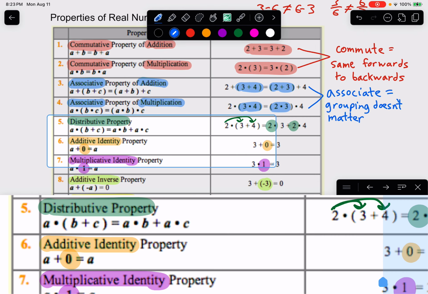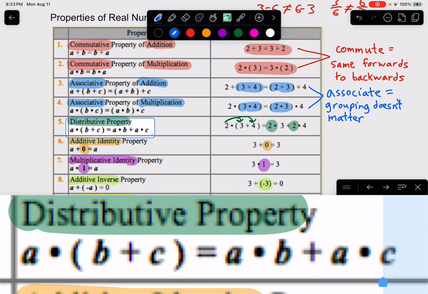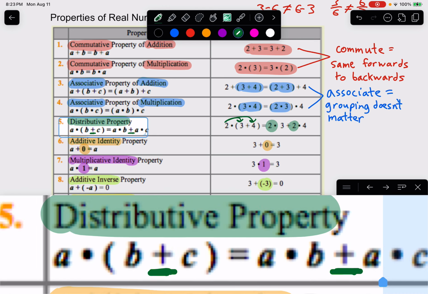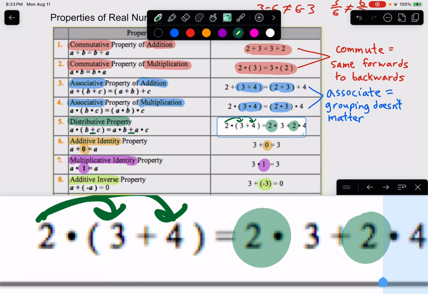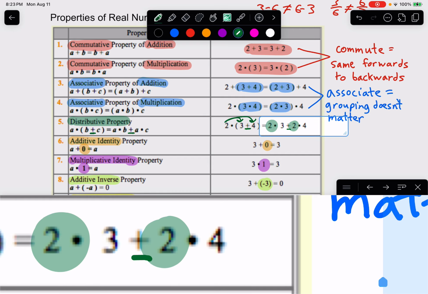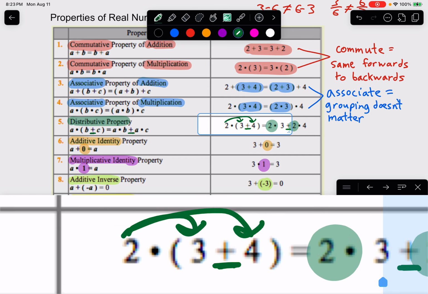Distributive property, right? And really, I'm going to add a slight thing to this, right? It's A times parentheses B plus C, but actually it could also be minus. So I'll write the plus minus symbol there, meaning you could do B minus C, and you would get A times B minus A times C. So in this example as well, if this was 2 times the quantity 3 plus 4, I could do 3 minus 4, and then this symbol would just be a minus in the middle, right?